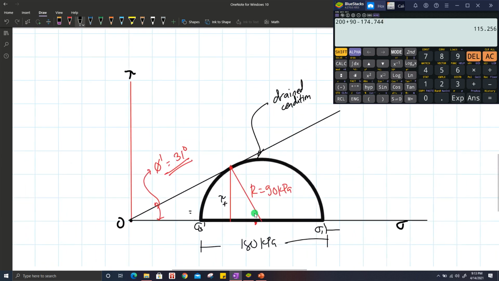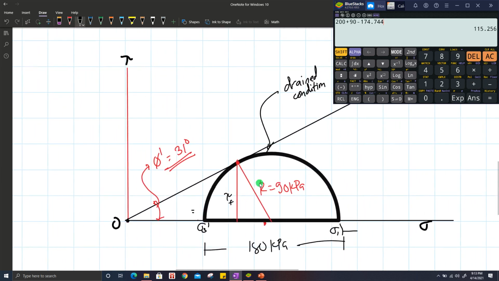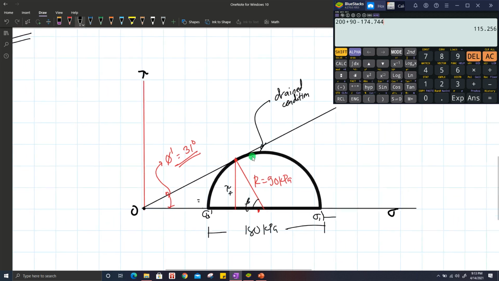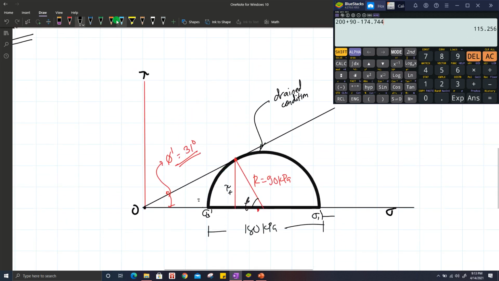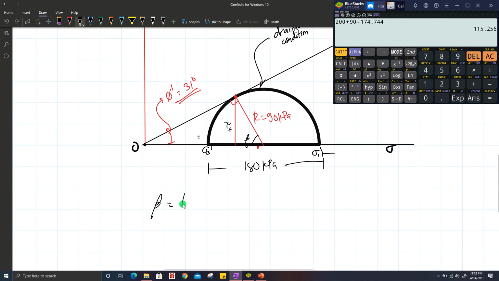So, para makuha yan, again, kunin natin tong angle na to. Say beta, angle beta. So, makukuha yung angle na yan when we take into consideration this right triangle. Makukuha natin yung beta, which is equals to 180 degrees minus yung phi prime minus 90 degrees.